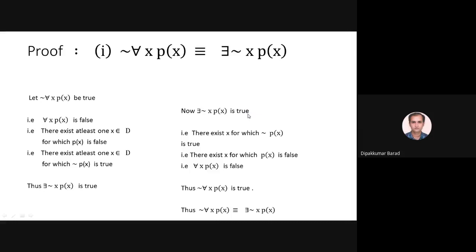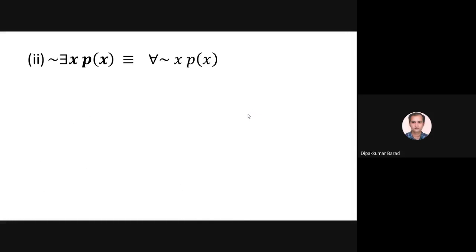Okay, so last time we have discussed this one. Now for the second one, the negation of "there exists x, P of x is true" means "there exists x, P of x is false."